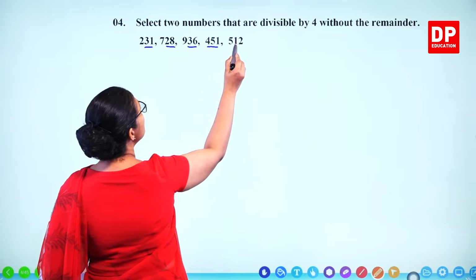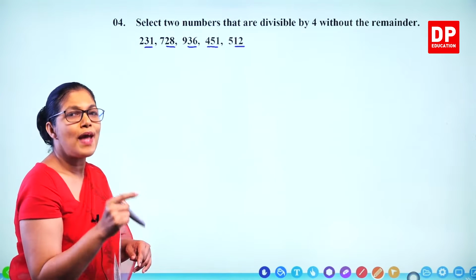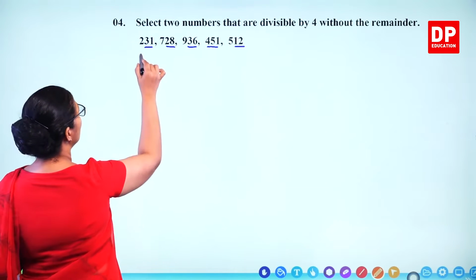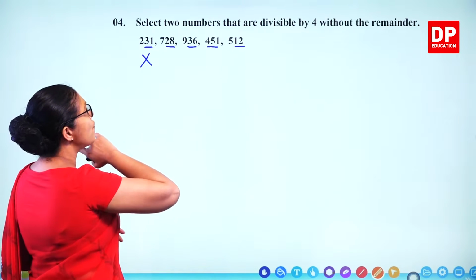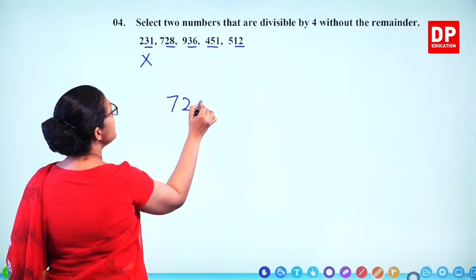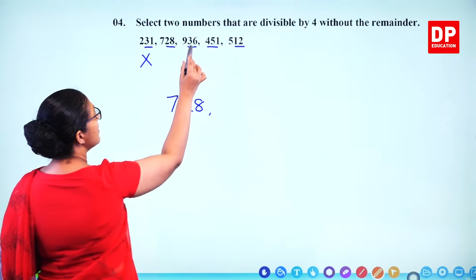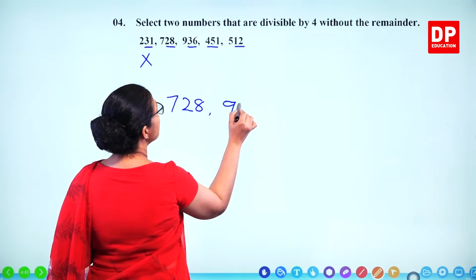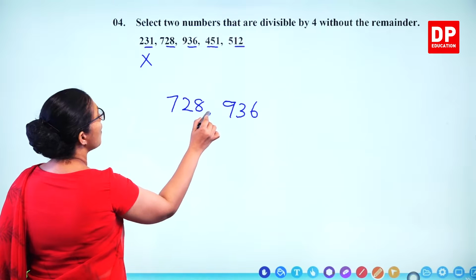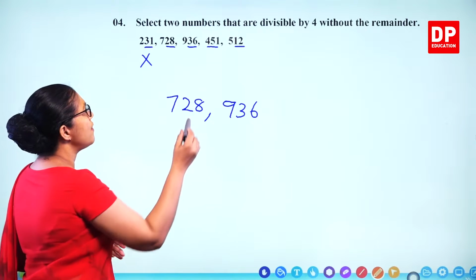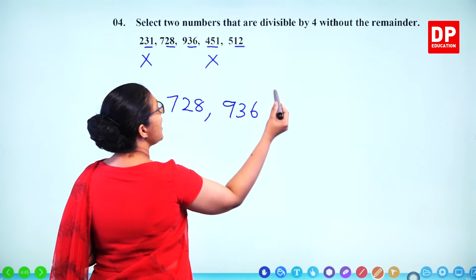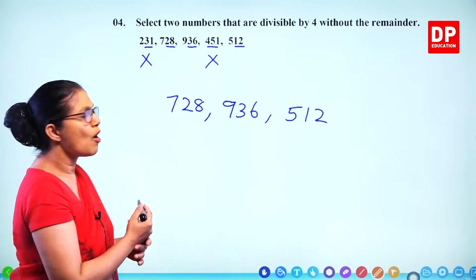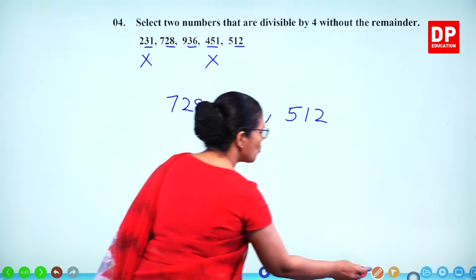If the last 2 digits are divisible by 4, that means the whole number is divisible by 4. 31 is not divisible by 4, but 28 is, so 728 you can take. 36 is divisible by 4, so 936 also. 51 is not divisible by 4, but 12 again is. So you can write any 2 numbers out of these 3. You get 2 marks.